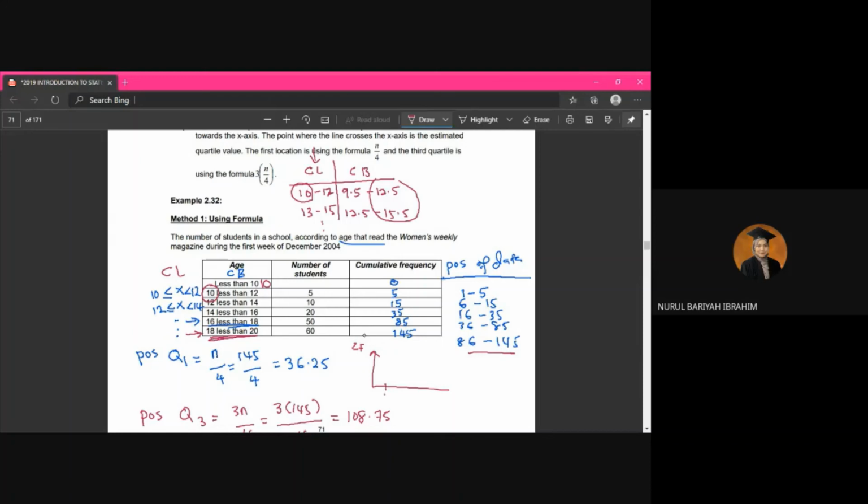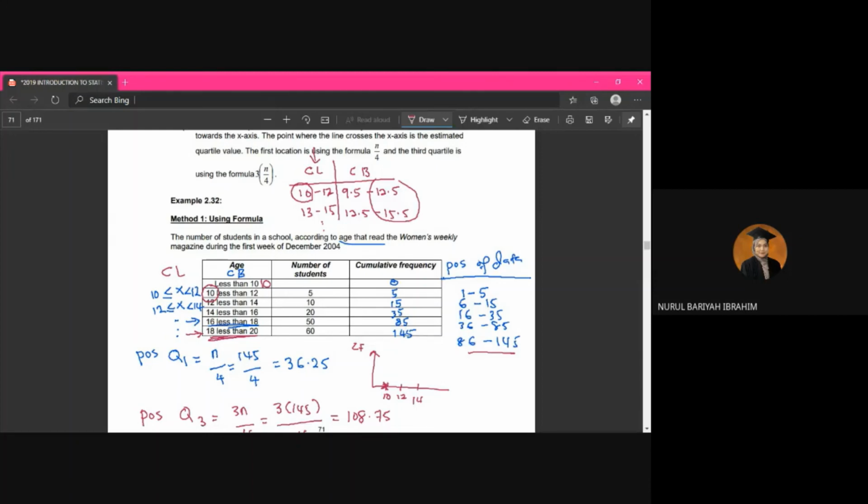Start dengan 10. Okay, barulah 12, 14. Okay, remember? Okay, nak buat ogive kena start di sini kosong ni, kena start dengan lower boundaries for the first class. Okay, the next one tu baru start dengan upper boundaries for the classes.